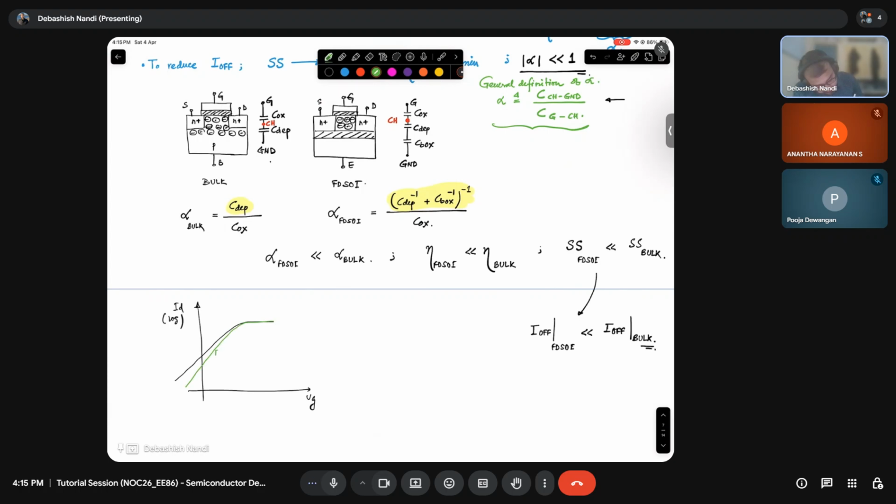Okay, and this improvement, so basically SS lowering, is called improved gate control.